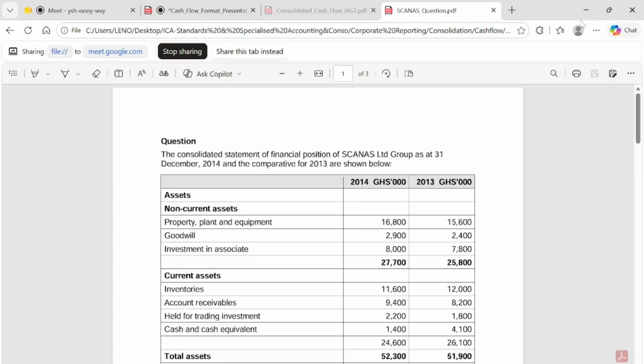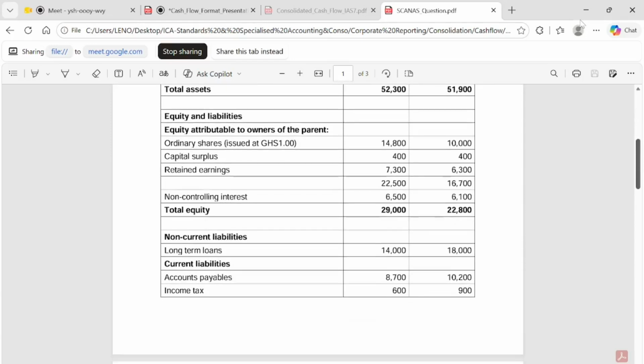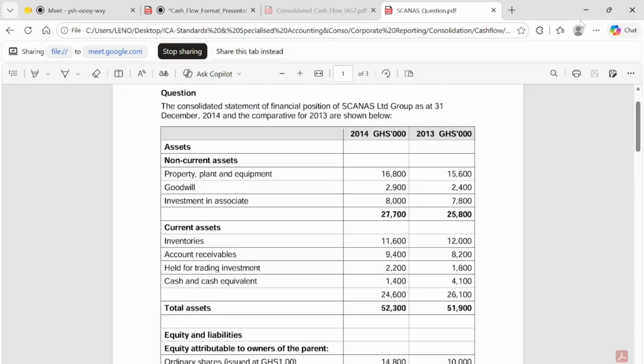All right. So this is the statement of financial position of the company. You have PPE, goodwill, investment in associate, and then you have your current assets, inventories, accounts receivables, held for trading investments, cash and cash equivalent.